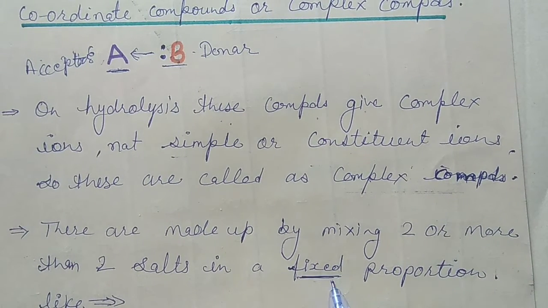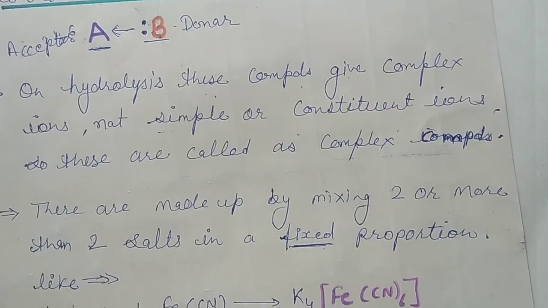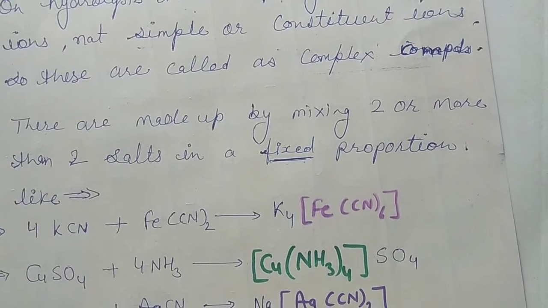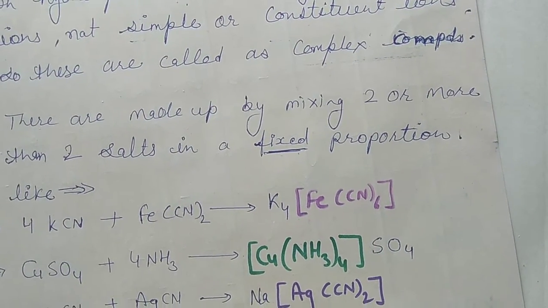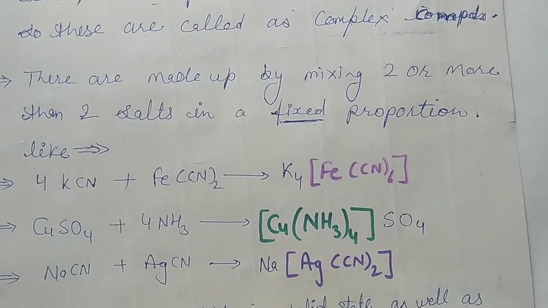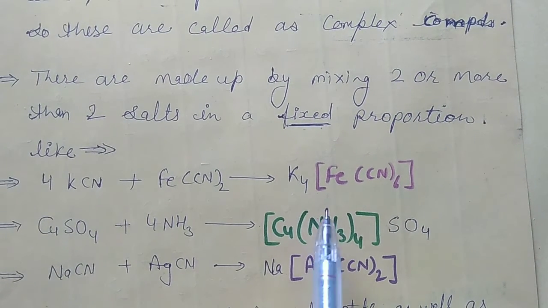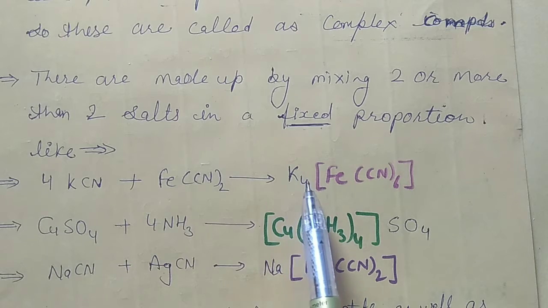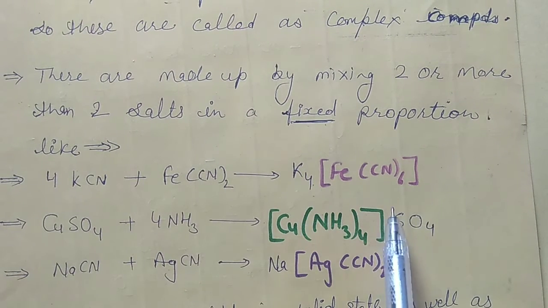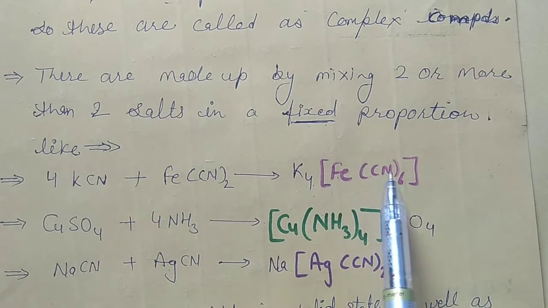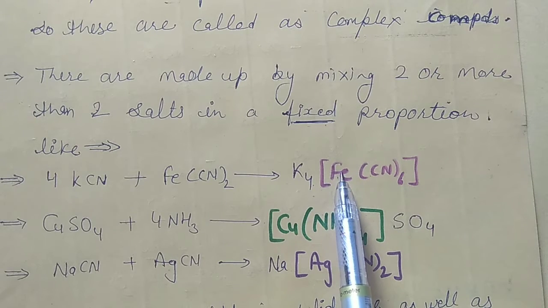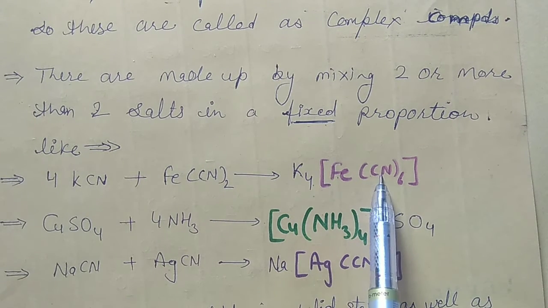Like, when KCN and Fe(CN)2 are mixed in a 4 to 1 ratio, a compound is obtained, that is K4[Fe(CN)6]. This is Fe iron, this is potassium, this is cyanide ion.